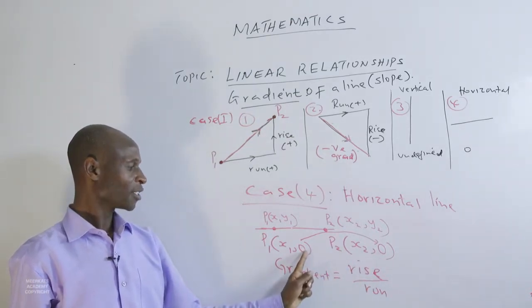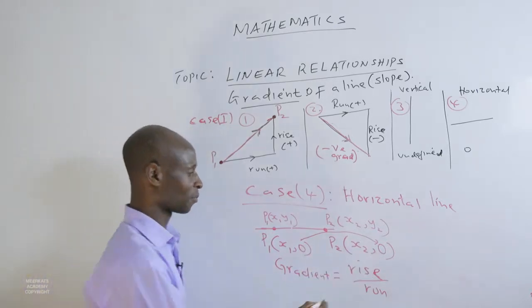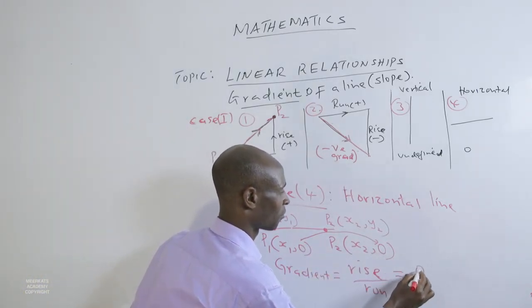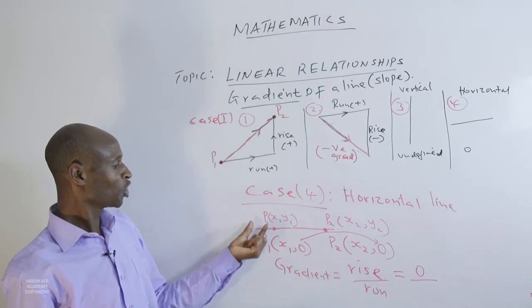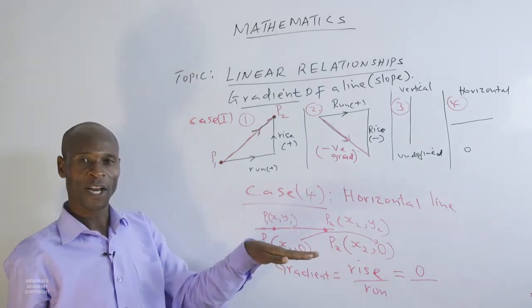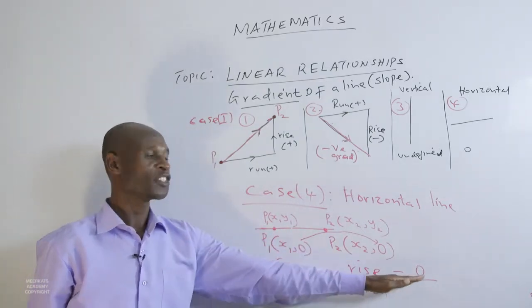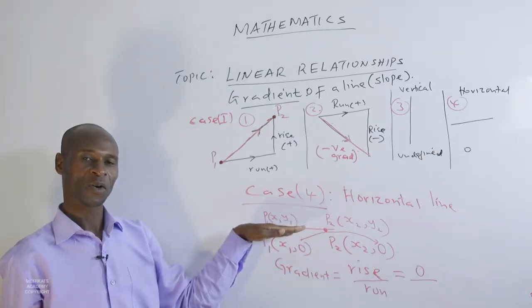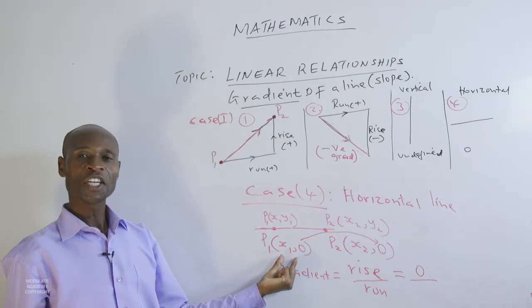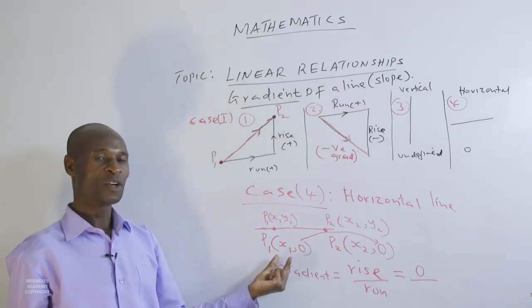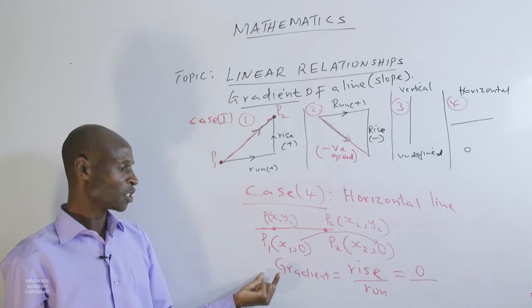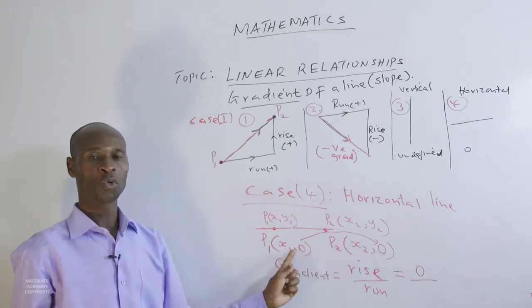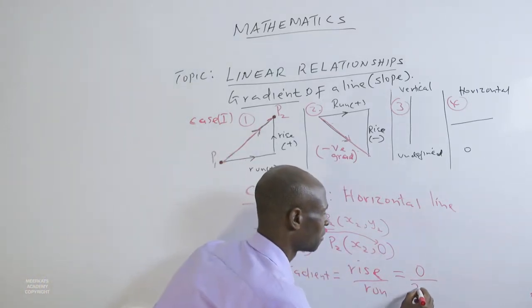In this case, we can take 0 minus 0. Because there is no change in the rise, it's a horizontal line, then we say the rise is 0. But there is change in the run. And we said the run is always positive. So in this case, it will be x2 minus x1.